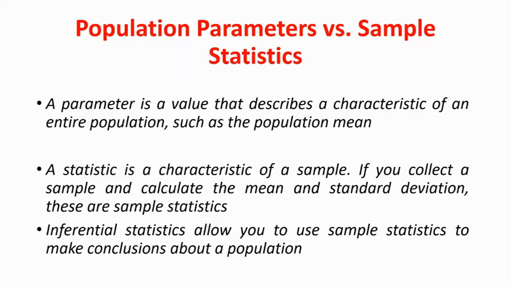Before going to the details, let me recall the terms population parameters and sample statistics. A population parameter is nothing but the one which describes the characteristics of the entire population, for example, population mean, population median, etc. And a statistic is a function of the sample values, or a characteristic of a sample. So if we collect a sample and calculate its mean and standard deviation, those are sample statistics.